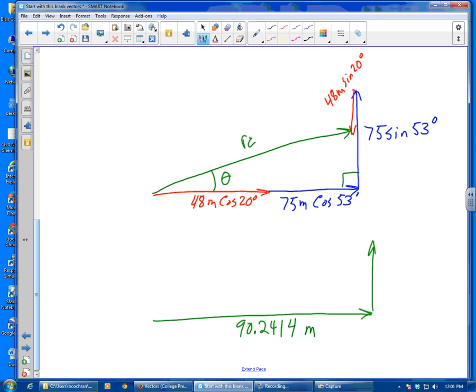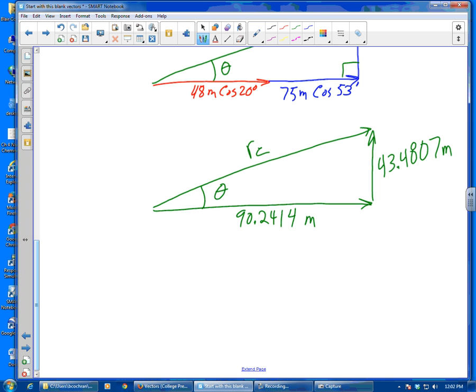So 75 sine of 53 minus 48 sine 20, I get for mine 43.4807 meters. And now I need to figure out RC and theta. Now that I've figured out those, which one do you want to do first, RC or theta?